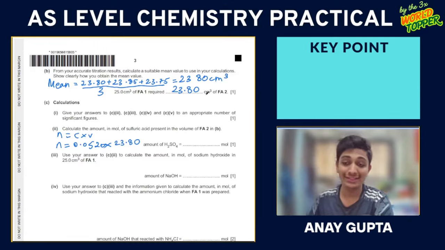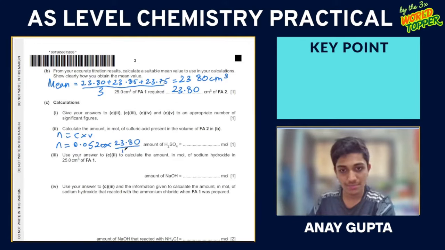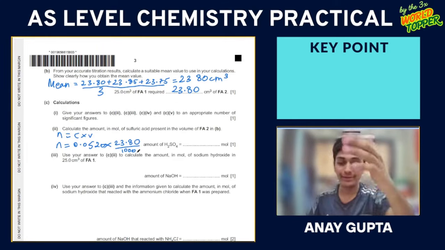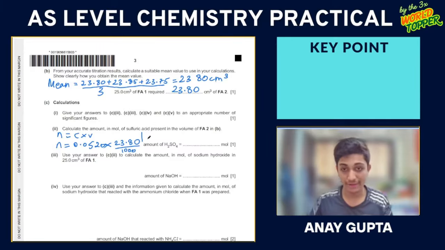Now remember, this is centimeter cube and the concentration is given per decimeter cube, so we will divide this by 1000 to convert centimeter cubes to decimeter cubes. If you put this into the calculator, we get 1.2376 times 10 raised to minus 3.